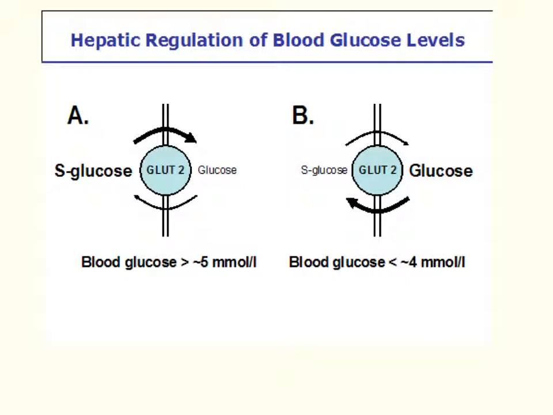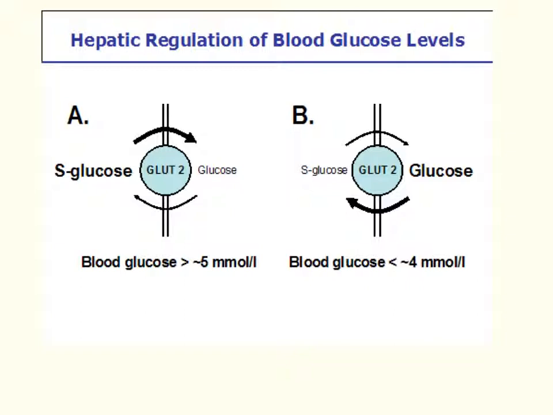And this is another mechanism that allows the blood glucose concentration to equal the liver glucose concentration. So if it's going bidirectionally, if the blood has a higher concentration of glucose, it's going in the liver. But once the liver gets a higher concentration of glucose, it's going in the blood. So the glucose concentration in the blood and in the liver should always be pretty equal.